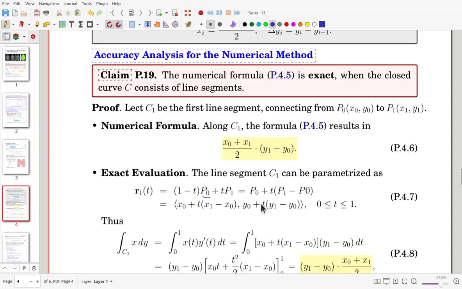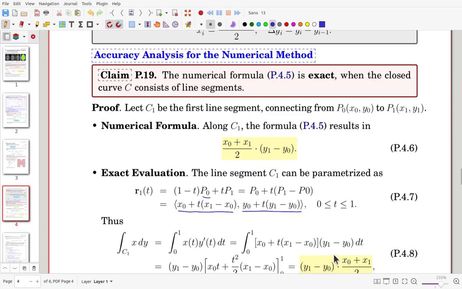Then the line integral over C1 of x dy can be written as the integral from 0 to 1 of x of t times y prime of t dt. That is x of t, that one. And this is y. And y prime is y1 minus y0.